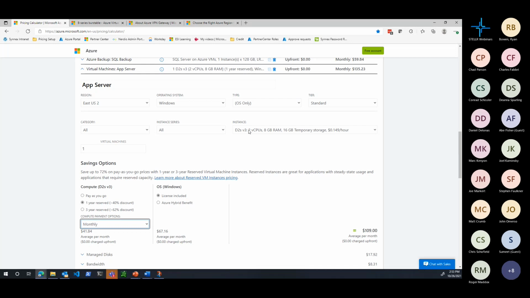Say if I have a 4 CPU box and I bought a 2 CPU reservation, it can cover 2 of the CPUs of a 4 CPU box. So if you turn this machine off, it will attach to that 4 CPU box, as long as it's a DSV3 series machine. Reservations also, you lose a little bit of margin from Synex.